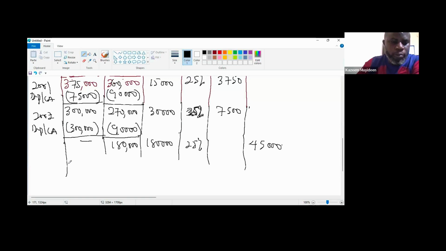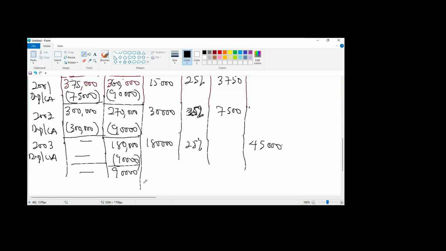Then 2003, depreciation and capital allowance, 90. 35%.